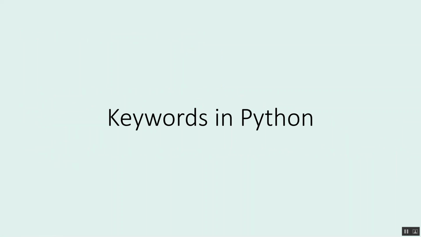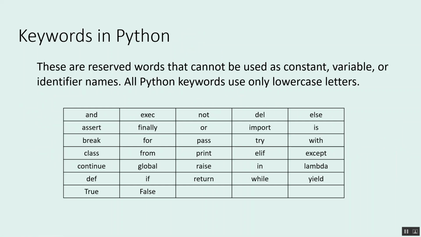Here are the keywords in Python. When we say keywords, these are the reserved words that cannot be used as constant, variable, or identifier names, and all Python keywords use only lowercase letters. Actually, I have included True and False here since you cannot use these as a name of a variable.